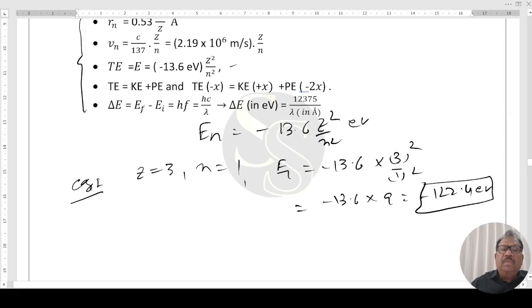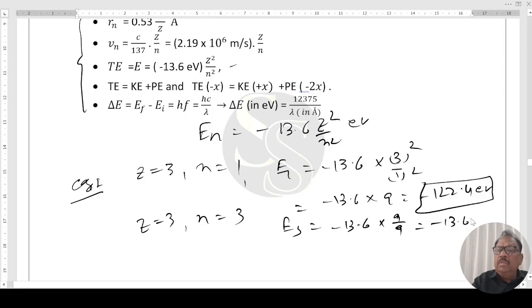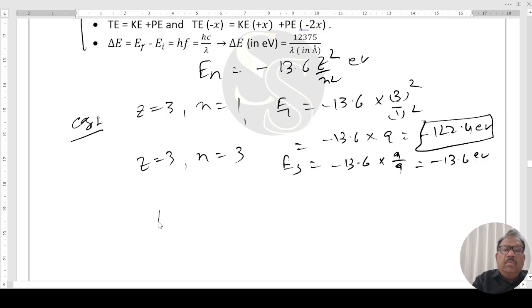Right? In the second case, Z equal to 3, third orbit, n equal to 3. So E3 will come out to be minus 13.6 into Z square, 9 upon 9. That is minus 13.6 eV. Therefore, delta E will be equal to E3 minus E1.